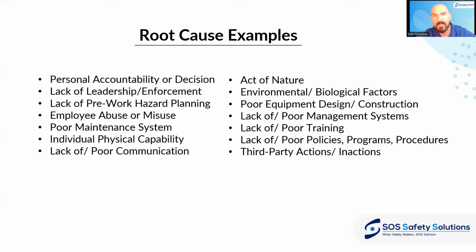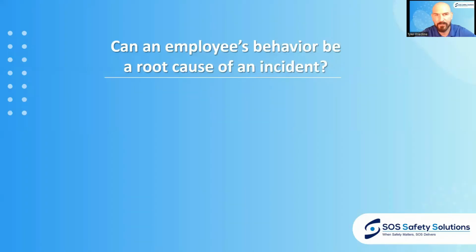But look at the other ones: lack of leadership enforcement, lack of pre-work planning, poor maintenance systems, lack of or poor communication, lack of or poor management systems, lack of or poor training, lack of or poor policies, procedures, third-party actions or inactions. These are all dealing with your management system. So these are good examples of root causes. And I think in 9 out of 10 incidents, these would be proper root causes to select.